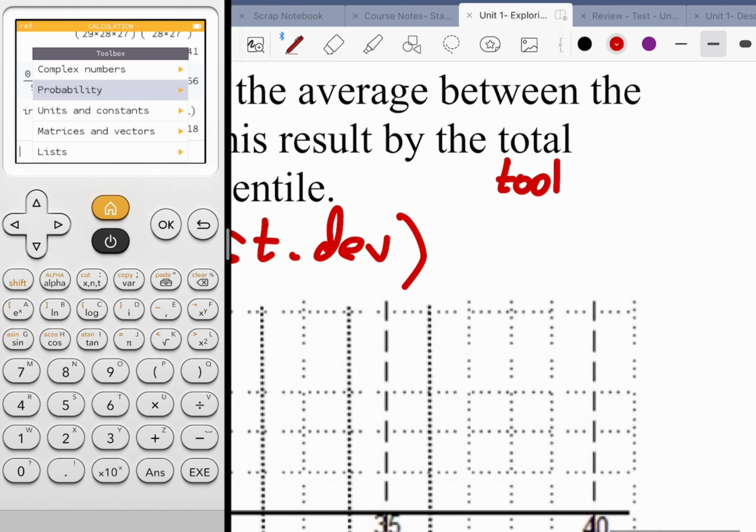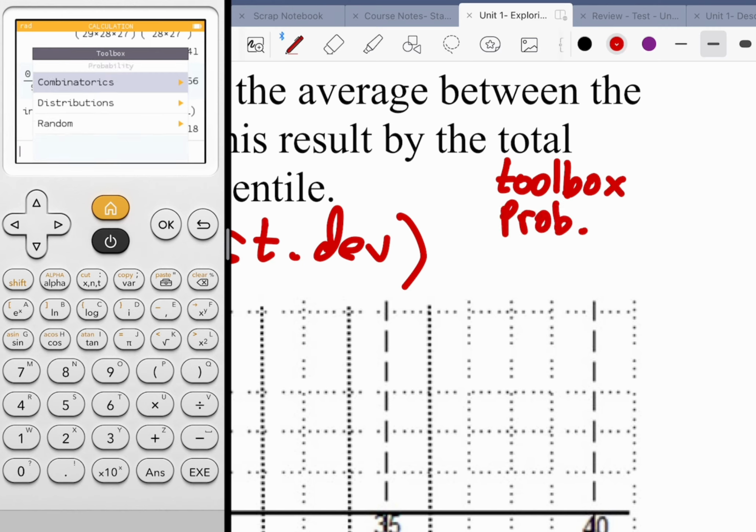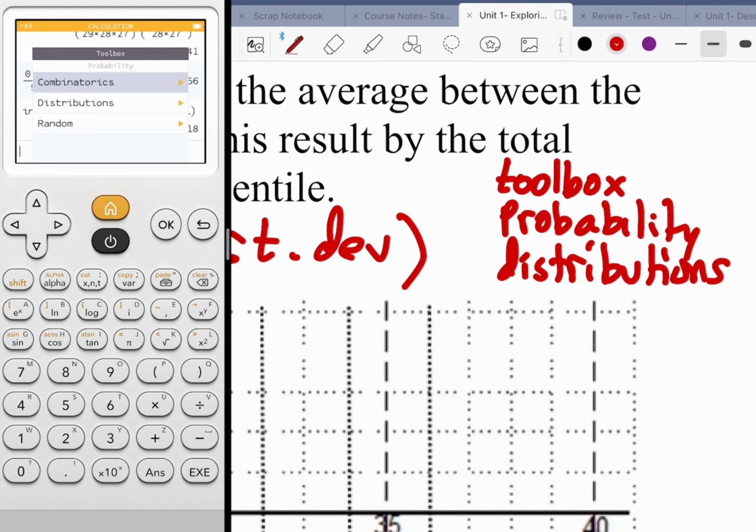So toolbox, probability, then you're going to go to distributions. Kind of feel that it's necessary to write the word now. Distributions, and you'll see normal. We're kind of living in the normal distribution world right now.